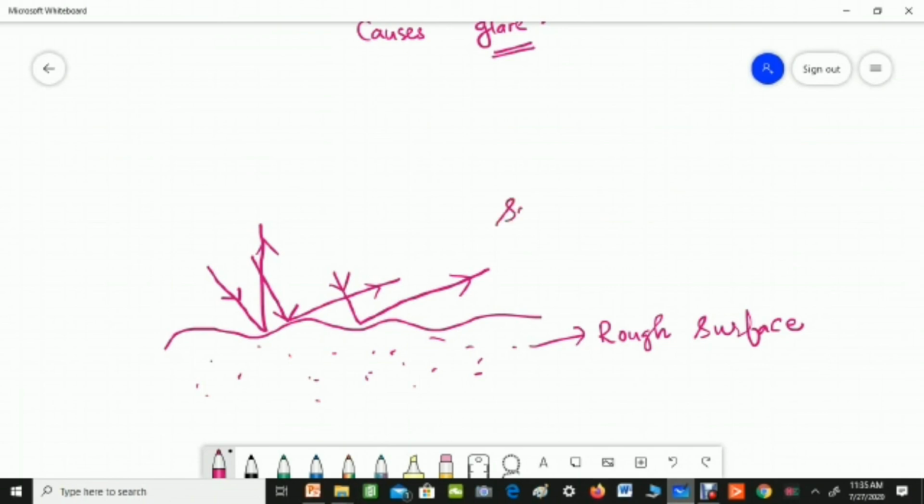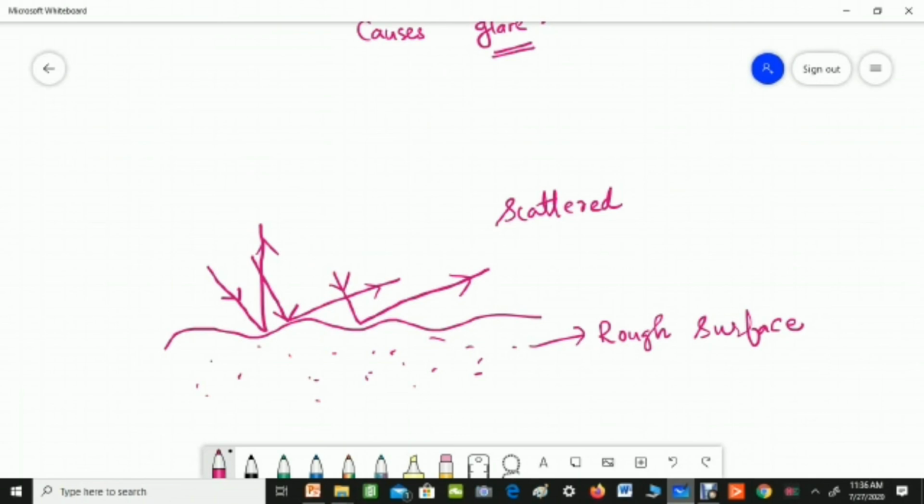The rays of light get scattered in different directions. So they will move in different directions and do not form a parallel beam.